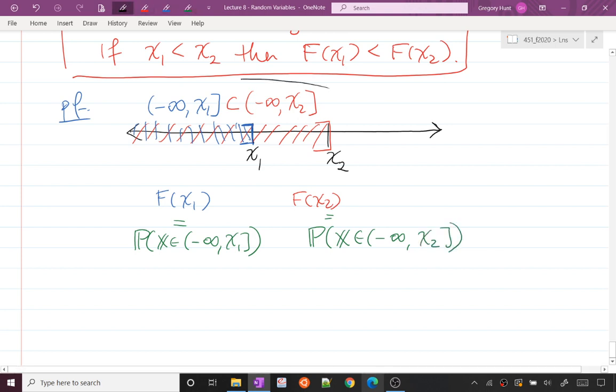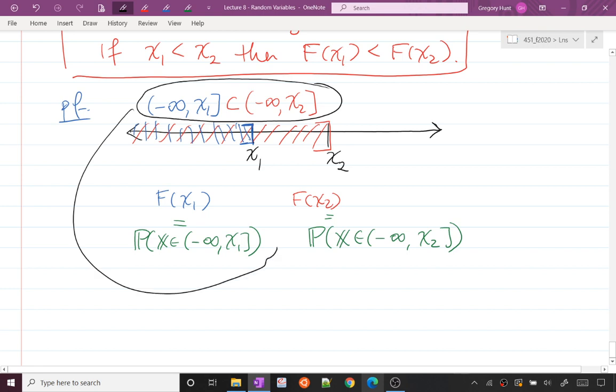Notice that we have this subset relationship. This means that one of these is less than or equal to the other, because this one is a subset of this one. And so we know the probability of X being in that is less than or equal to the probability of X being in this one. How do we know that formally? You actually have to do the inverse image thing.